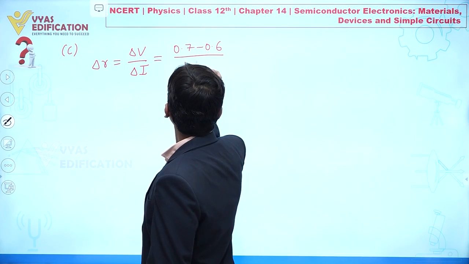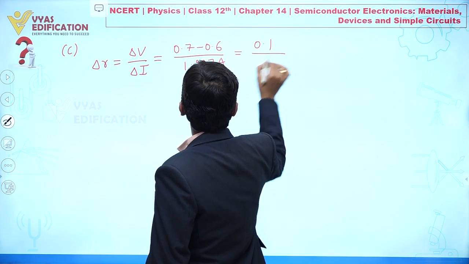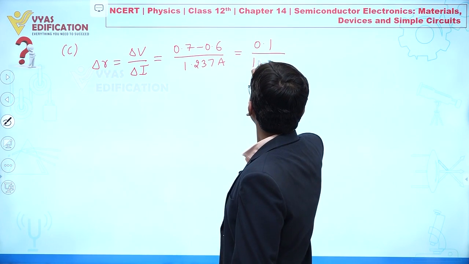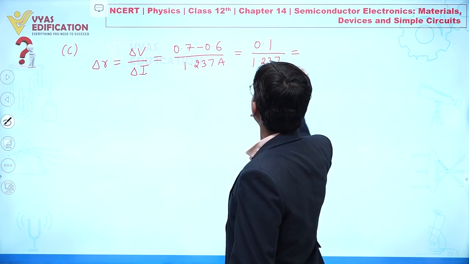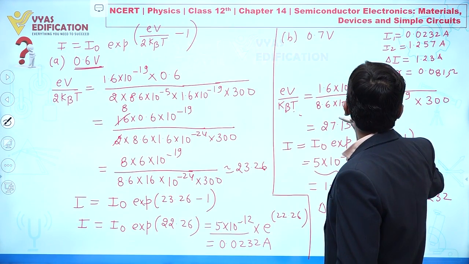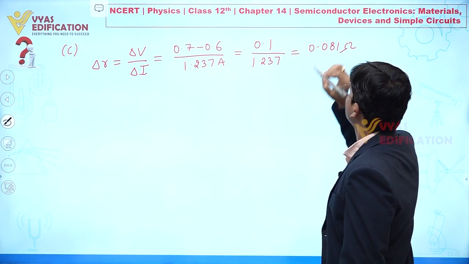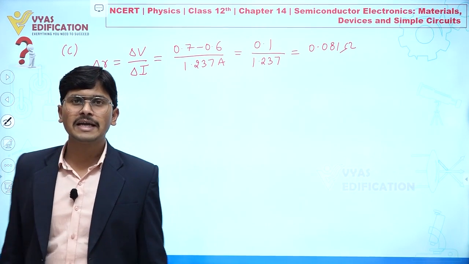So this is 0.1 divided by 1.237. If you solve it, you will find the value near about 0.081 ohm. So this is the value of dynamic resistance.